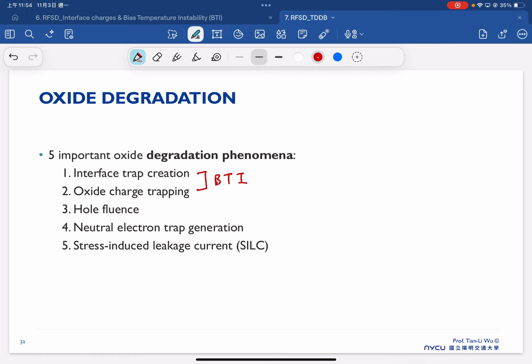But the third one, which is really unique here, is called the hole fluence, and also the neutral electron trap generation, and also stress-induced leakage current, SILC. The neutral electron trap generation is a term coming from a very early paper, but nowadays we still use this term. But just to clarify, the neutral trap here means the defect.